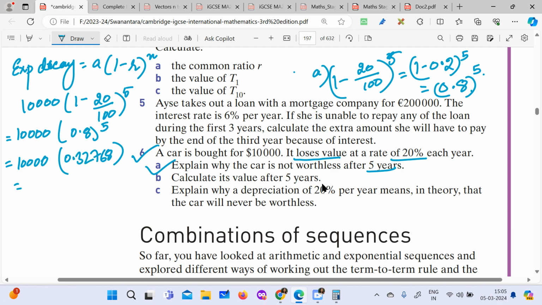That means this value is 3276.8. So the car's value after 5 years is this. Got it? Okay.